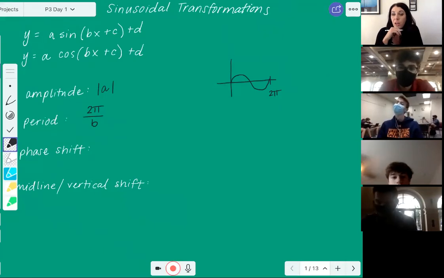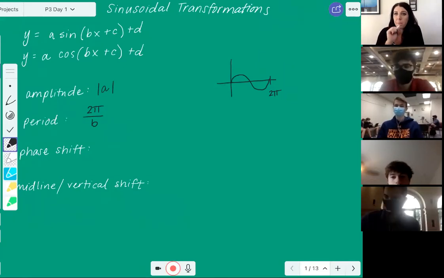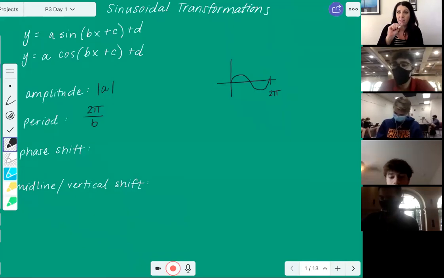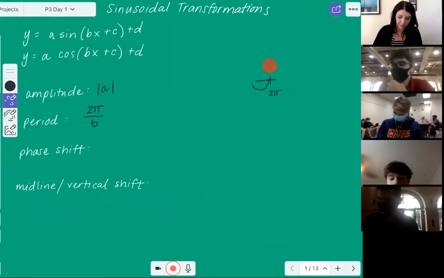Okay, so whatever number is being multiplied by that x, you want to take 2 pi divided by that number, and that's going to give you your new period. Because what b does in that equation is it's a horizontal stretch or compression. So it can stretch it out or it can compress it. And so what that means is if it compresses it, you're going to get through that faster. Okay, so 2 pi over b is how we find our period.